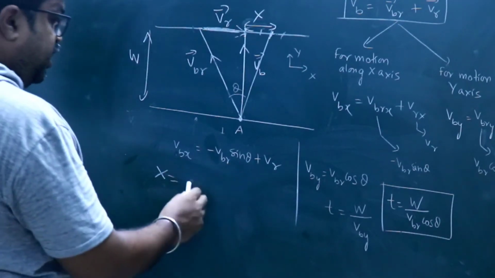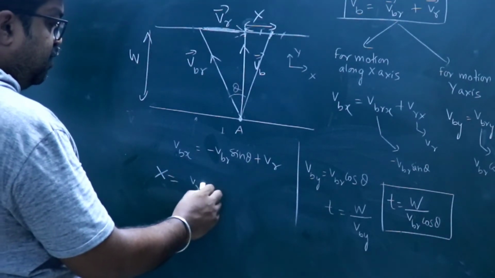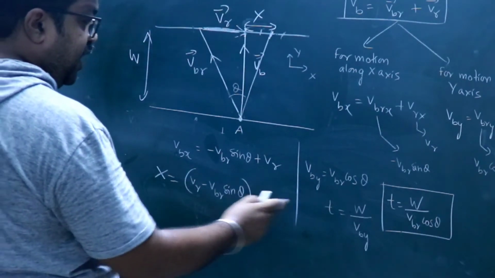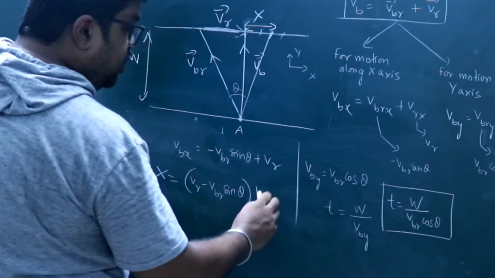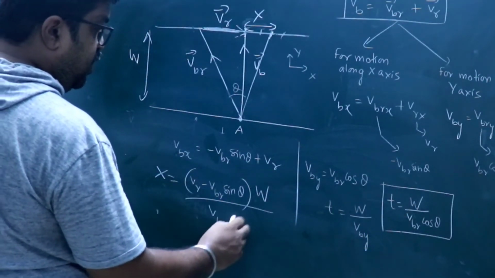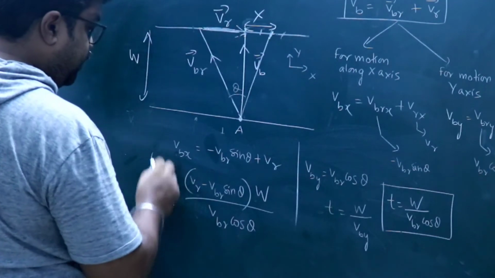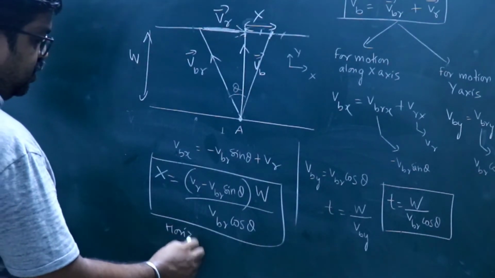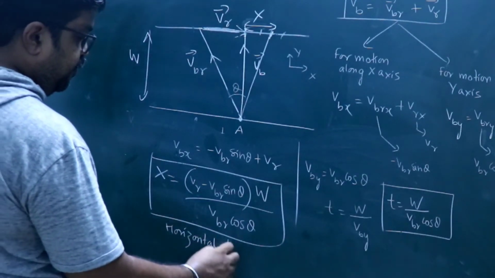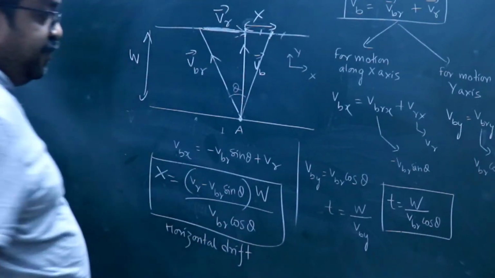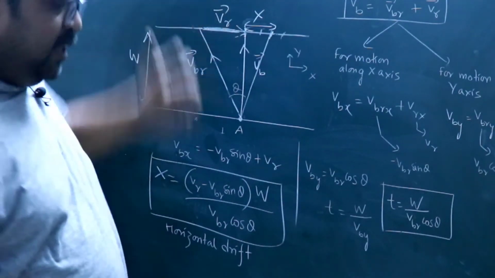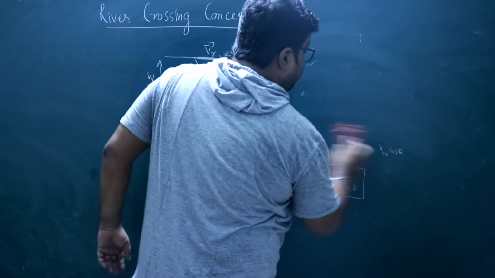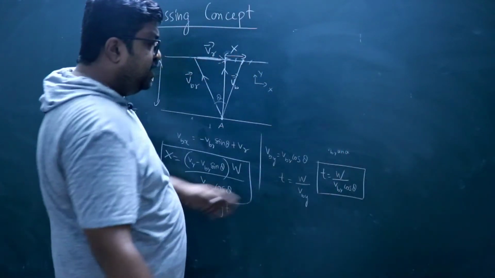So I can write this as Vr minus Vbr sin theta, multiplied by the time, which is W by Vbr cos theta. So this is the expression for horizontal drift.